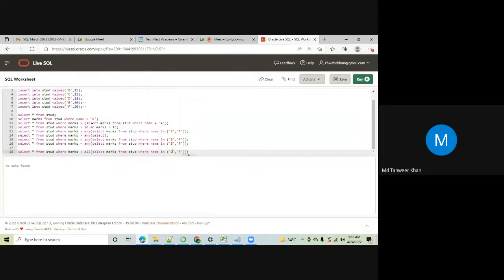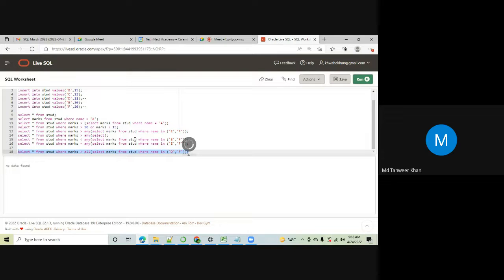Whose marks are greater than D and F both? E. Marks of D is 11. Marks of F is 20. So 30 is greater than D and F both. When I execute this, we'll get that 30 as an output.